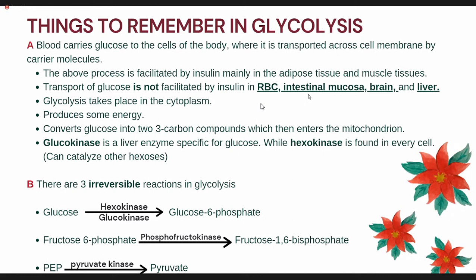This is catalyzed by pyruvate kinase. So phosphoenol pyruvate becomes pyruvate. So there are 3 irreversible reactions: at the level of glucose becoming glucose 6-phosphate, at the level of fructose 6-phosphate becoming fructose 1,6 biphosphate, and at the level of phosphoenol pyruvate becoming pyruvate.